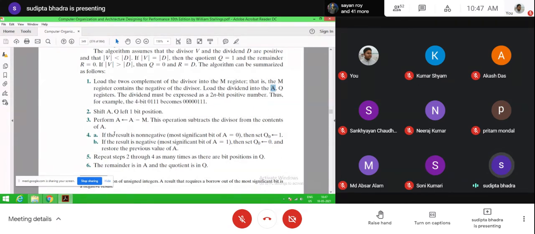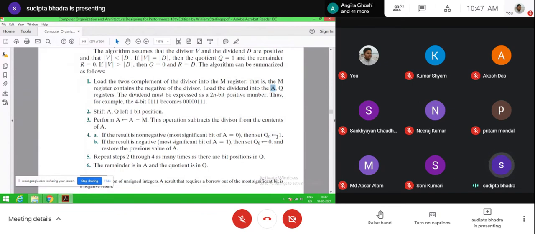Based on non-negative or negative: if it is non-negative, then the most significant bit of A is 0, whatever the subtraction result, and we set q0 to 1. Q0 equal to 1 means the quotient bit is 1, which means m has successfully divided the partial remainder.